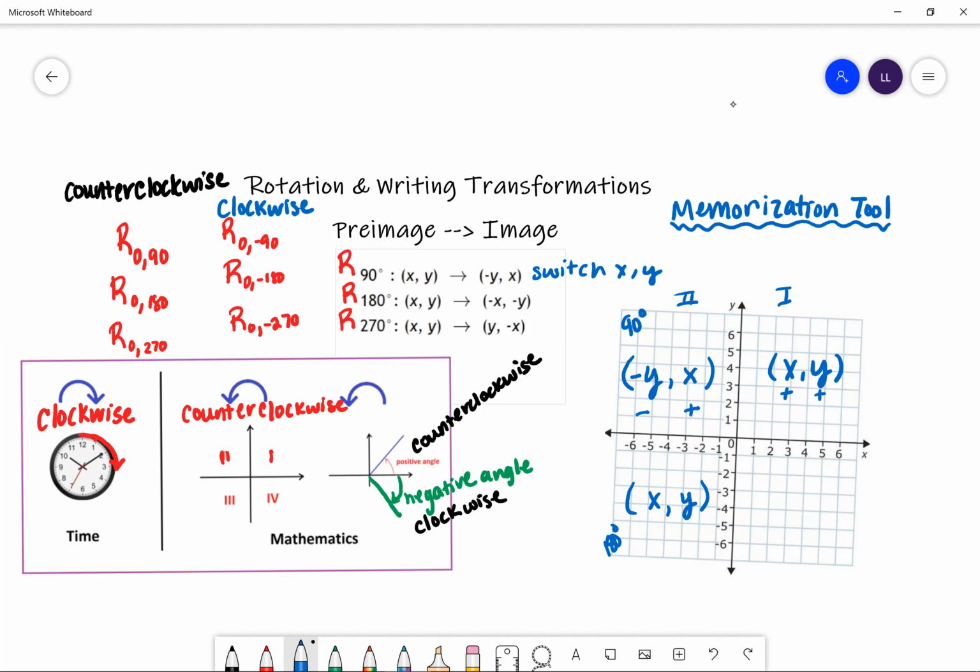So we are not going to switch them. We're just going to multiply the x coordinate and the y coordinate by -1, both of them. And for the first one, we're just going to multiply the y coordinate by -1.